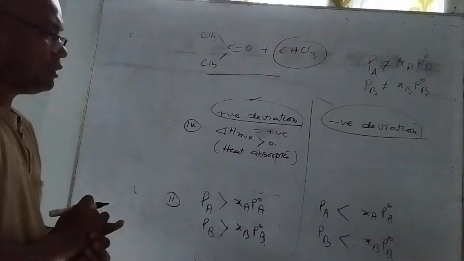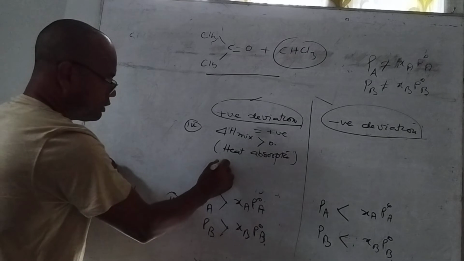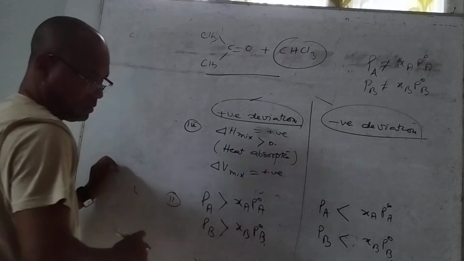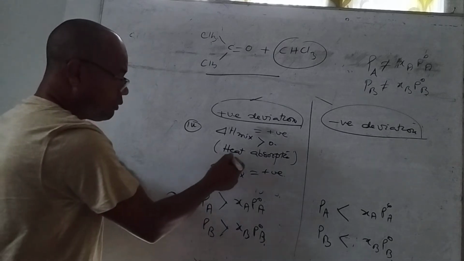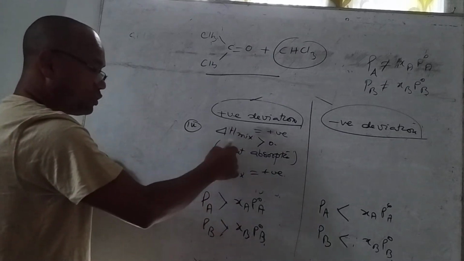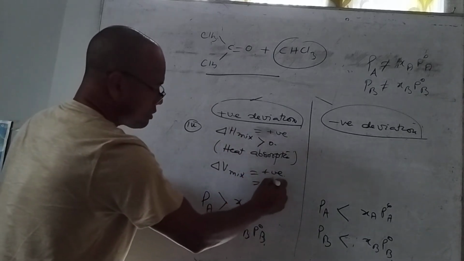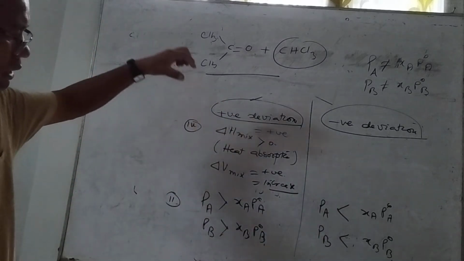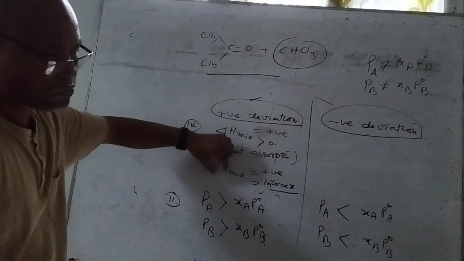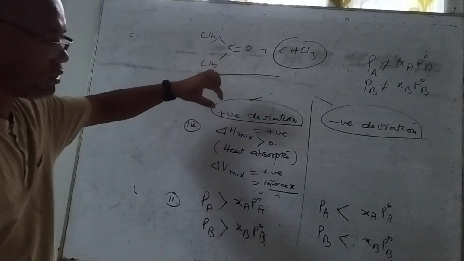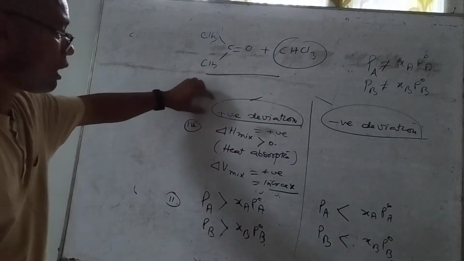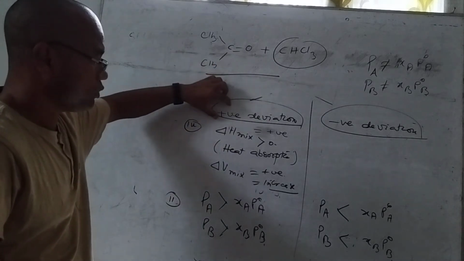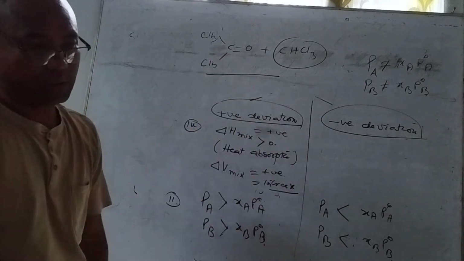When we talk about the change in volume, here also it should be positive, so the volume of the mixture should increase. If the volume increases and heat is absorbed when we mix the two liquids, that type of solution we call a non-ideal solution showing positive deviation.